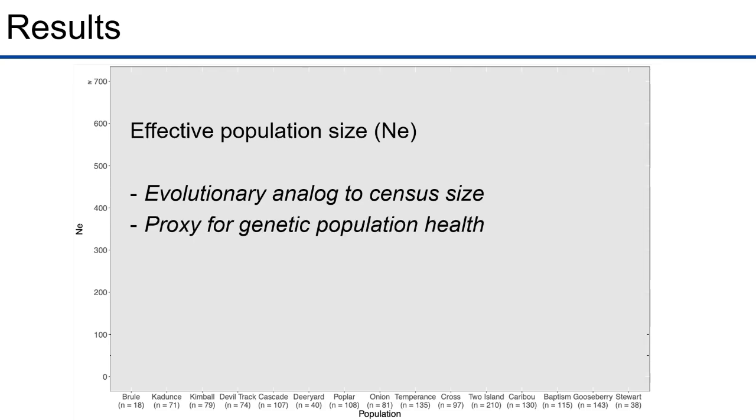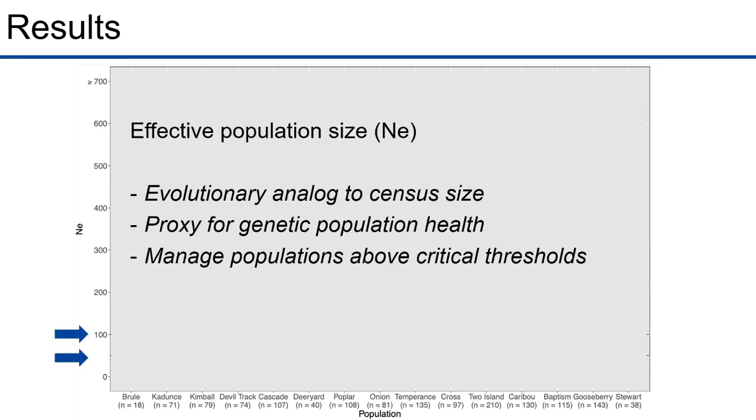It's a really powerful monitoring tool, and we can use it as a proxy for understanding genetic health of a wild population. And generally, when we think about NE, we want to try to manage populations to stay above critical thresholds, which I've animated onto the plot here, but generally, for a species to remain stable, we want to manage NE to be greater than 50 or 100 in most cases.